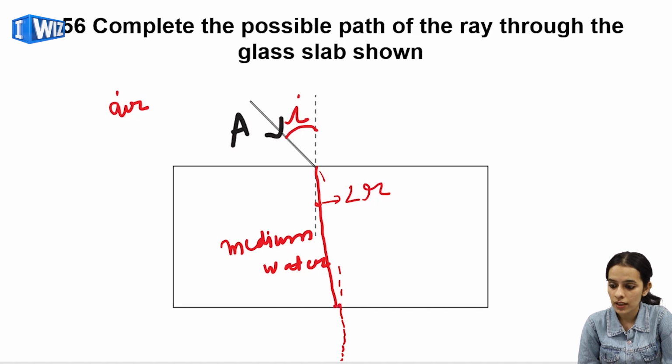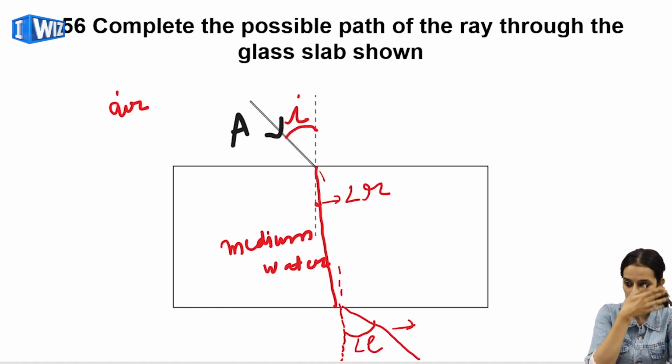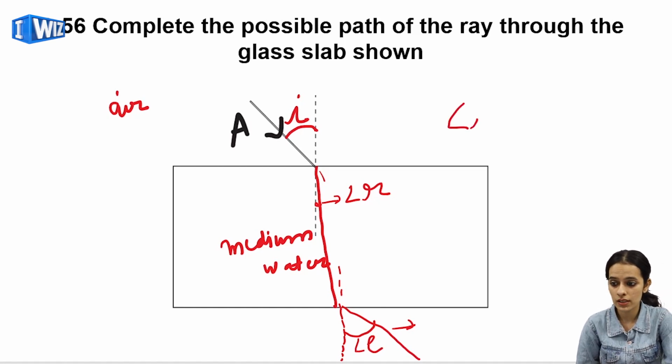If it strikes over here and it is going from denser to rarer, it will go like this, away from the normal. And this one is called the emergent ray, and the angle made by the emergent ray with the normal is called the angle of emergence. Keep this in your mind that the angle of incidence is always equal to the angle of emergence in this case.